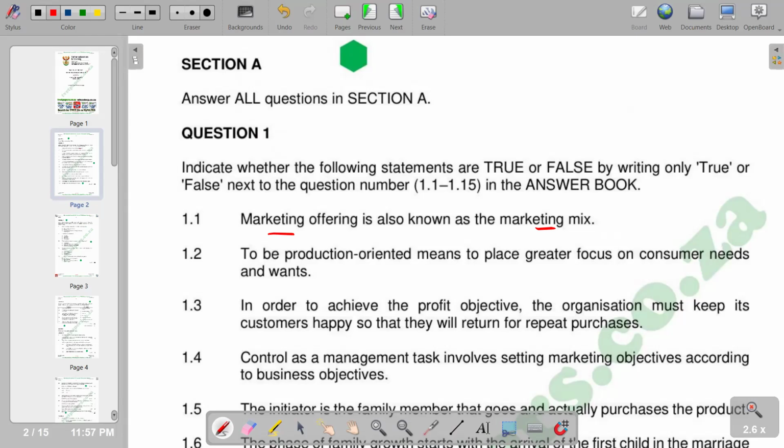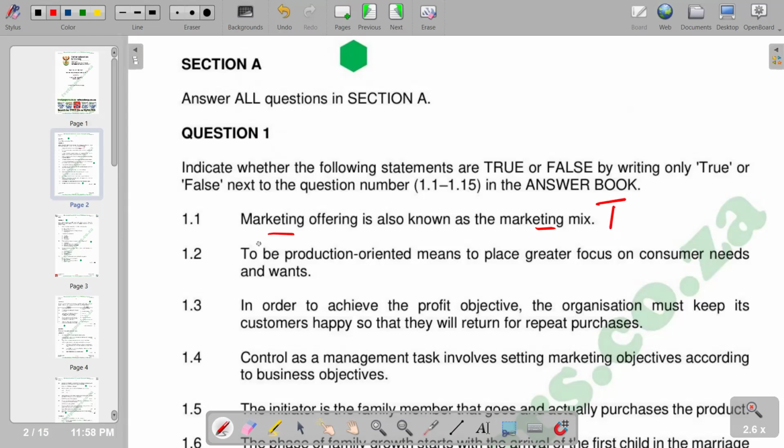At the end of it, both marketing mix and marketing offering have to meet the customer's needs, which indicates a similarity between them. So that makes our statement true.